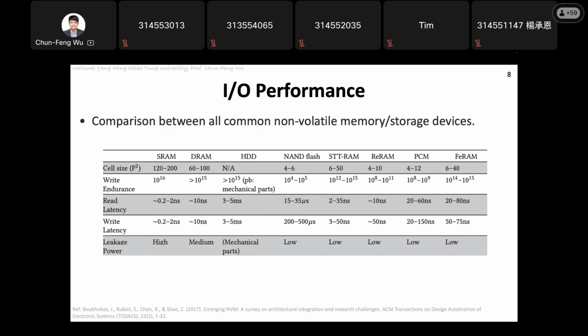Okay, so leakage power. Especially for volatile memory, when the power is on, how much power do we need to make sure the data is correct? SRAM and DRAM are volatile, so even with very stable power supplied to those devices, they still need extra energy to keep the data in the correct state.